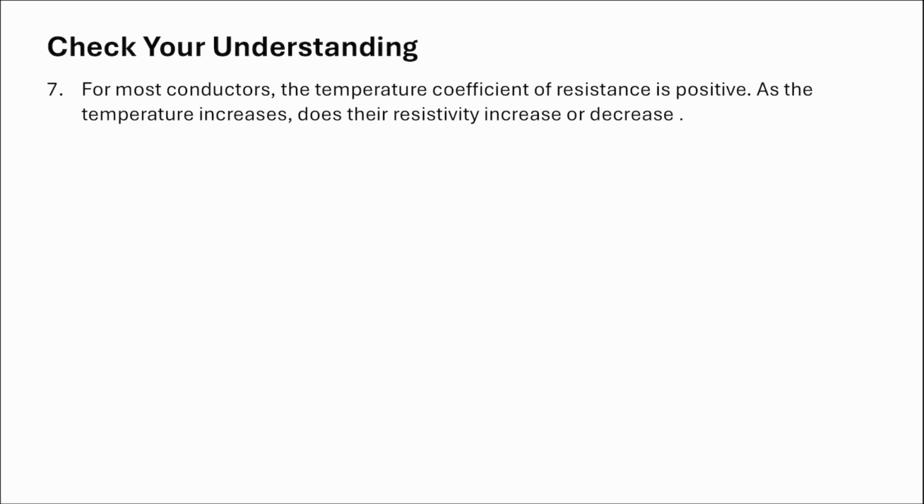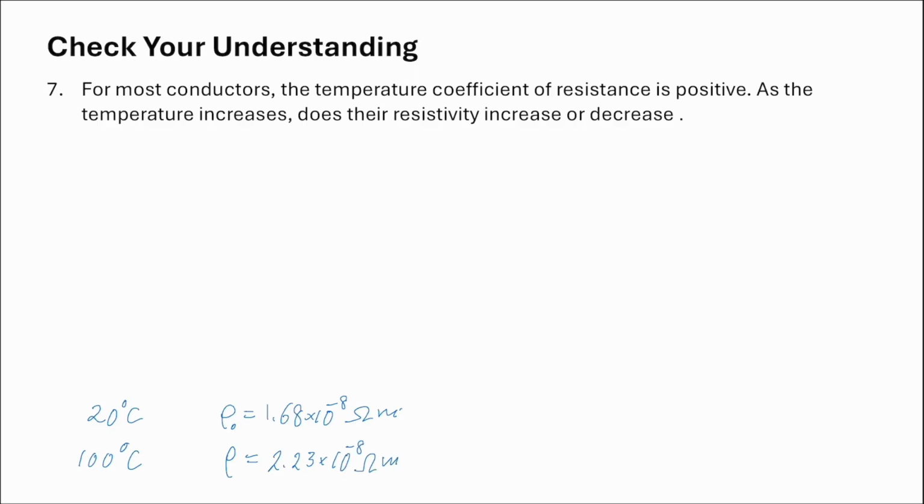Let's use copper as an example. At 20 degrees, the resistivity of copper, rho, is equal to 1.68 times 10 to the minus 8 ohm meter. At 100 degrees Celsius, the resistivity of copper increases to 2.23 times 10 to the minus 8 ohm meter.